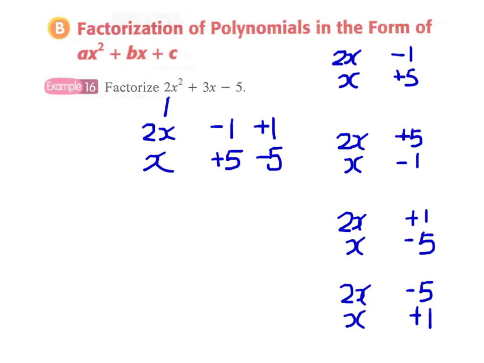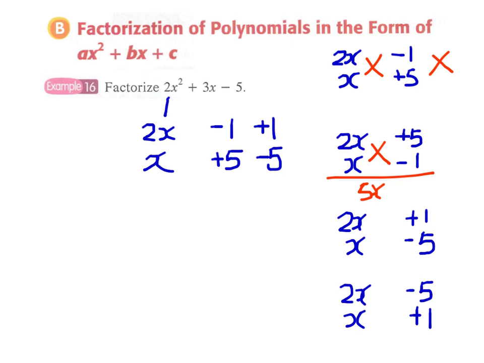And we can now see which group will give the middle term of plus 3x. Obviously the first group can't, because you have plus 10x minus x giving 9x. And what about the second group? It happens that it works.